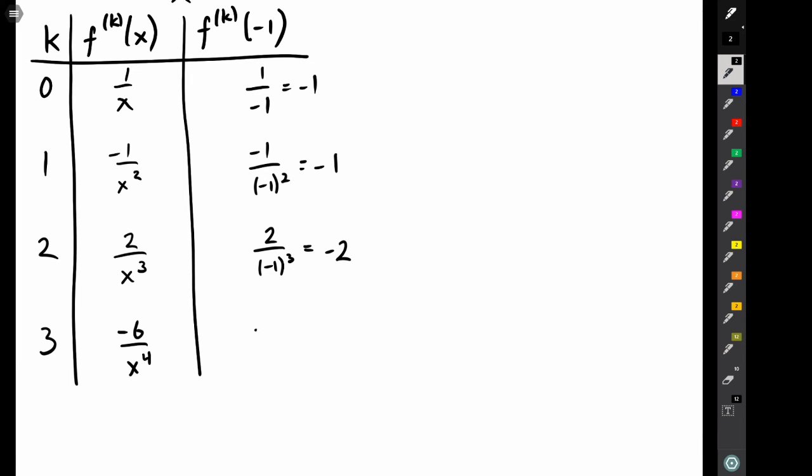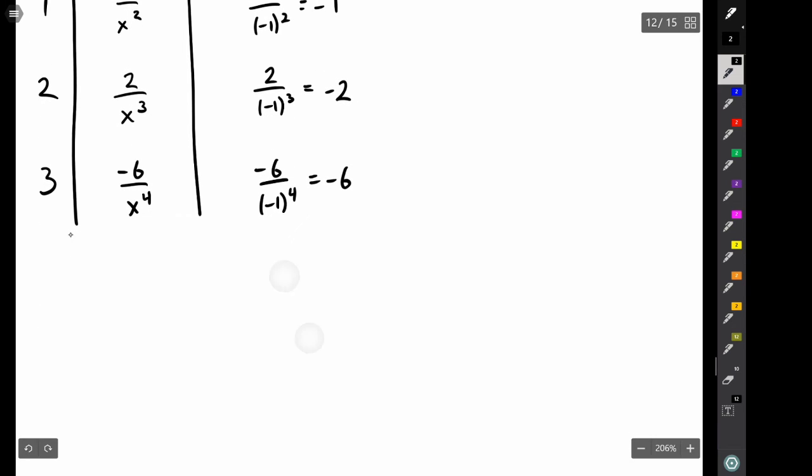Here, we're going to have -6 over (-1) to the 4th, that's -6. And if we do the next one, in case you can't see the pattern yet, the next derivative is going to be 24 over x to the 5th. So here we'll have 24 over (-1) to the 5th, which is -24.